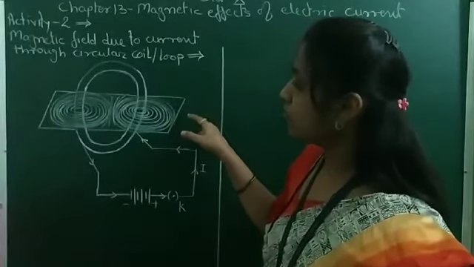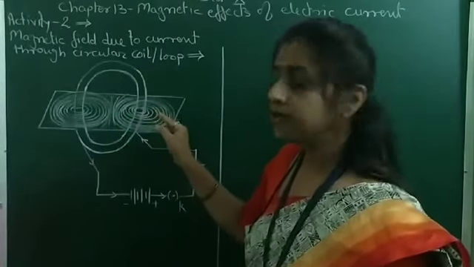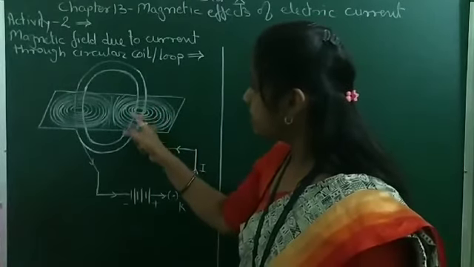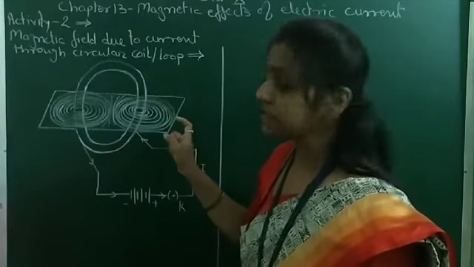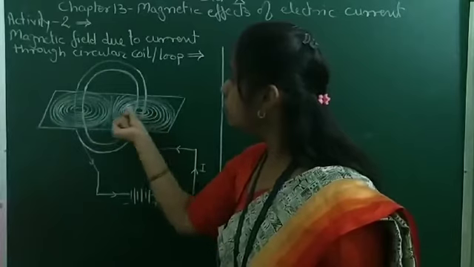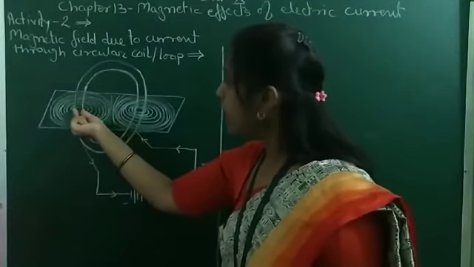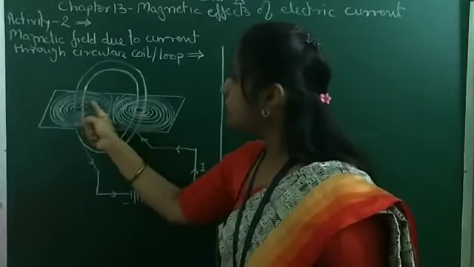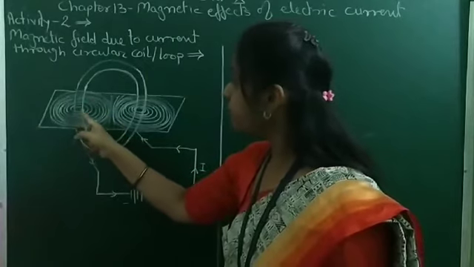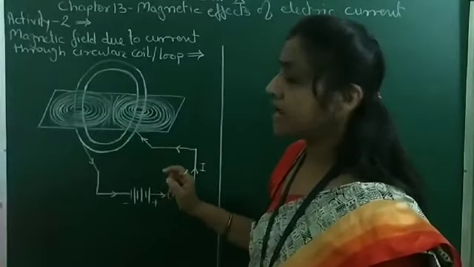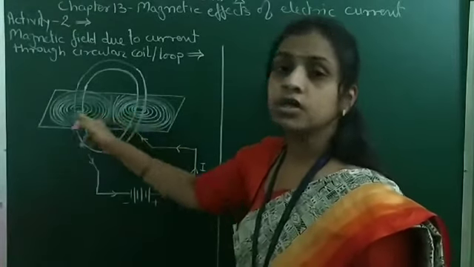Gently tap the cardboard, and after some time we can see concentric circles of iron filings formed around the 2 ends of the coil. It indicates that a magnetic field is produced around the coil.